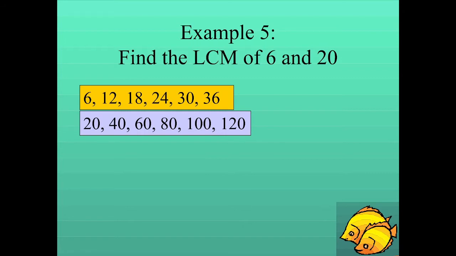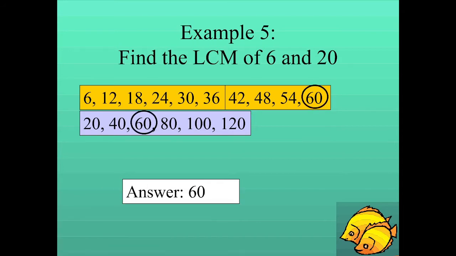Now, you have noticed that there are no common multiples yet, so I'm going to continue with the multiples of 6: 42, 48, 54, 60, and so on. Now, you have noticed that the number 60 is common. And that will be our answer, the number 60.